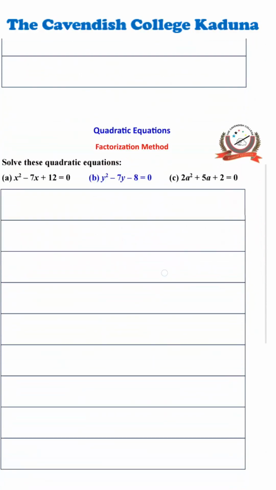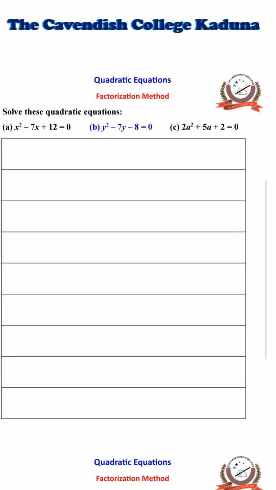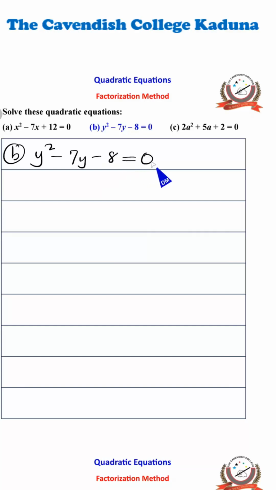We go to part B of the problem. For B, we are to find the solution of y squared minus 7y minus 8 is equal to 0.